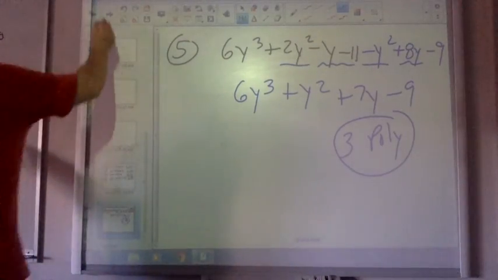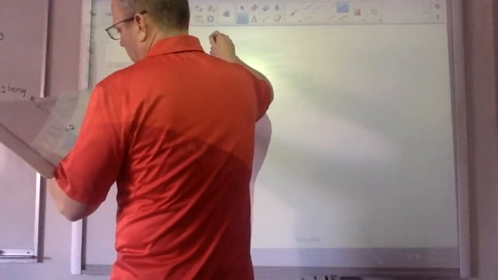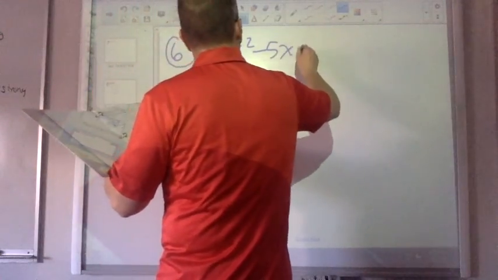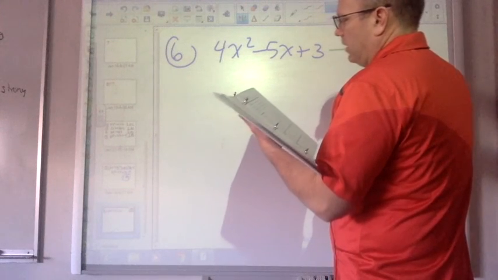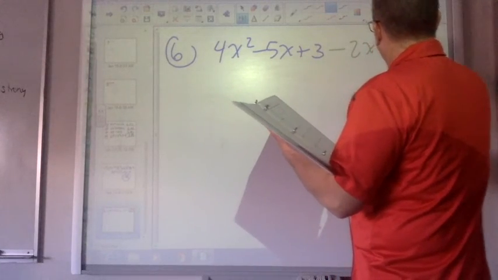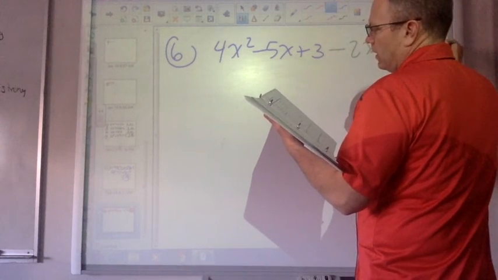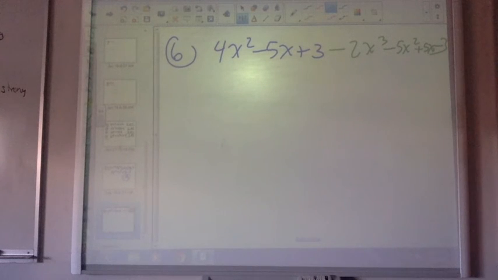All right. Number 6. So number 6, I'm going to drop the parentheses on the first one. And then green, change the signs here. Plus 5x. Minus 3. Is that right? So the blue, I just dropped the parentheses. Didn't have to change anything.